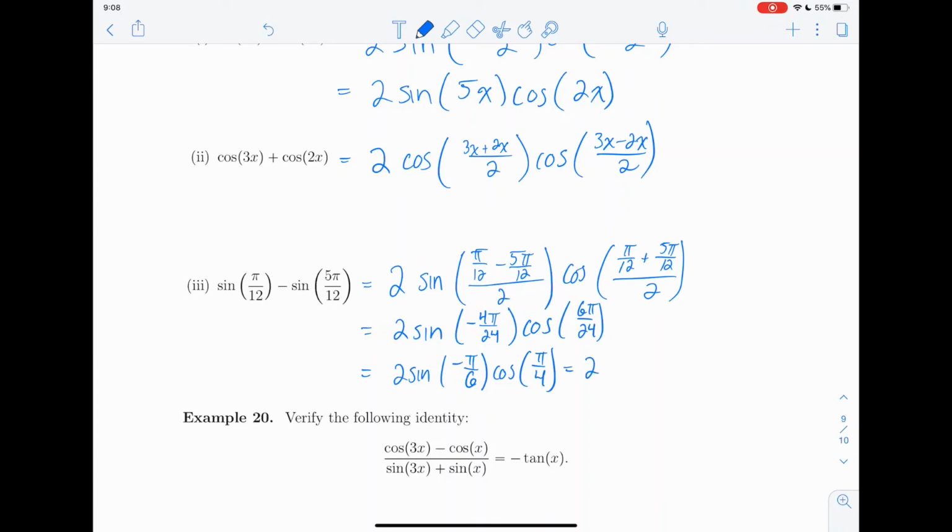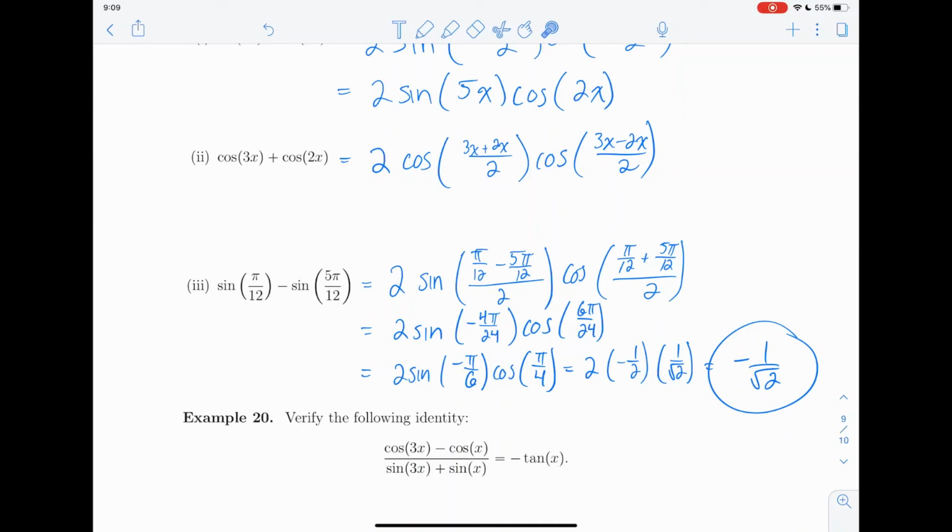This should be 2 times negative 1/2 times 1 over root 2, which of course gives negative 1 over root 2. So there is some use in these sum to product and product to sum formulas in exactly situations like this.